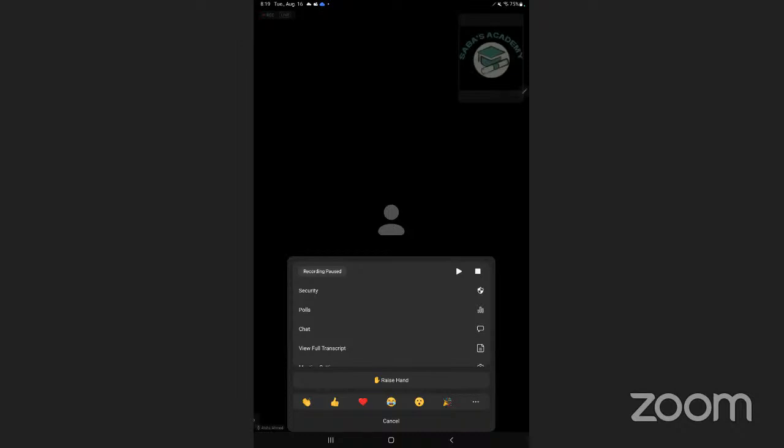Close your phone. Now put a 20-minute timer. Okay, Google.